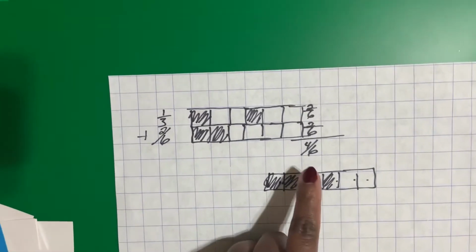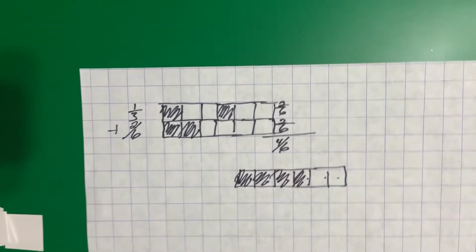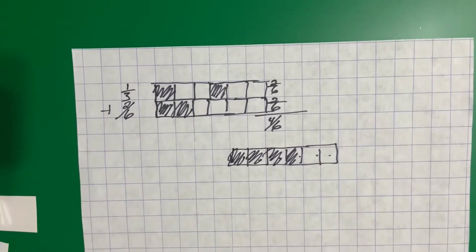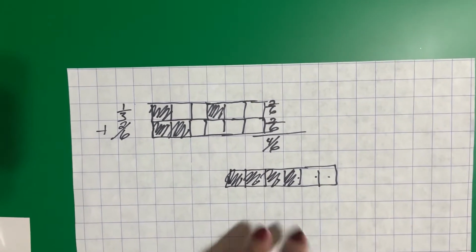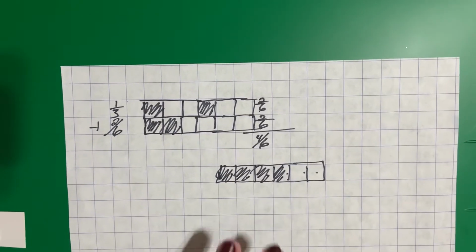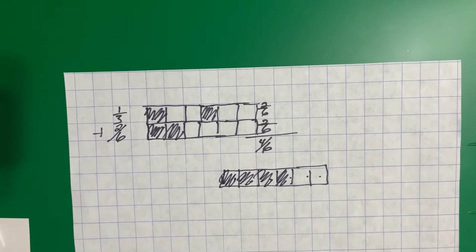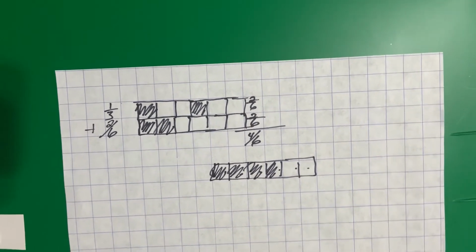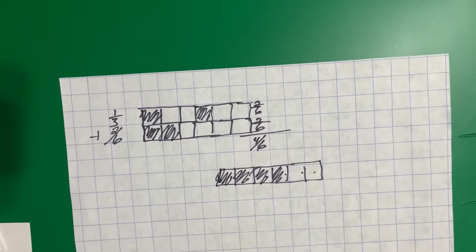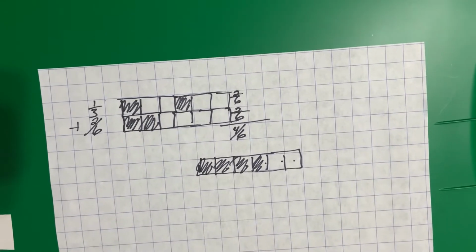Okay, we have to think of that fraction bar as also a division bar. So we're going to divide this into groups. But you have to have the same amount of squares and they have to look just alike when you're dividing the groups, or else you won't get the right answer.